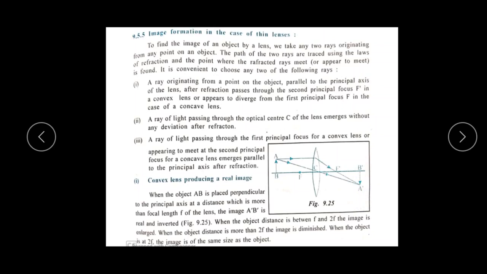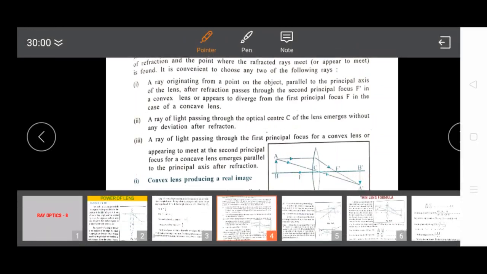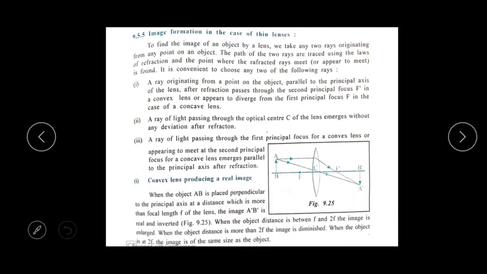Then if a ray is passing through the first principal focus like this, after refraction it becomes parallel to the principal axis, like this. So the third ray is not given here.